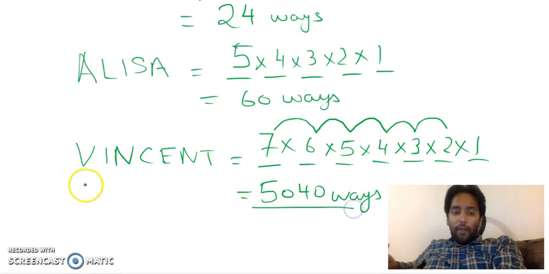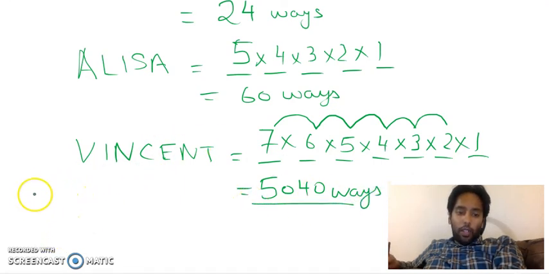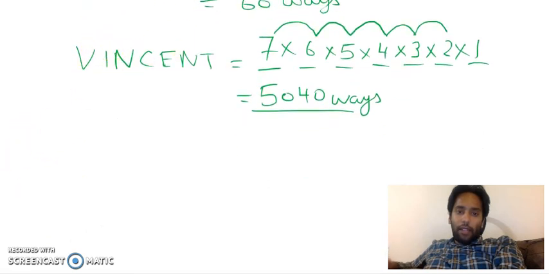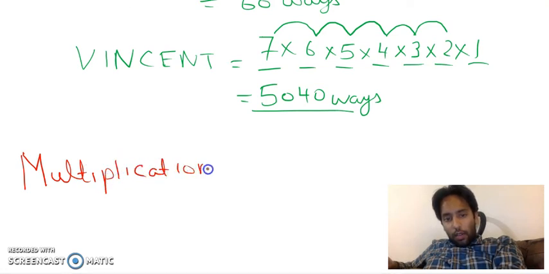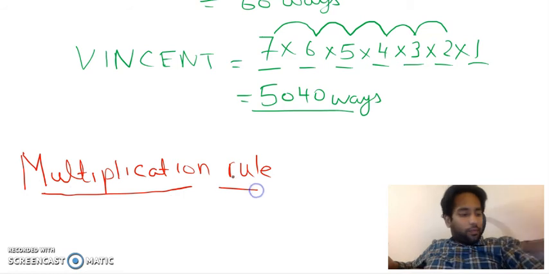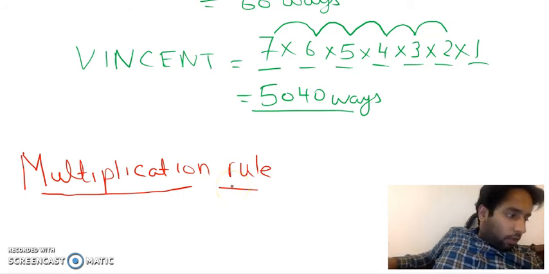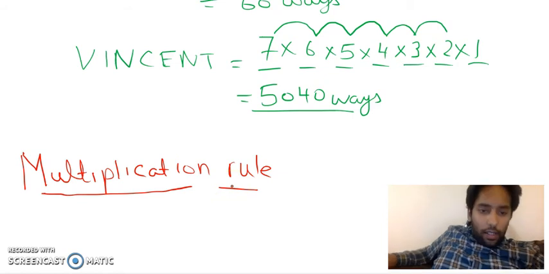Now, this can be summed up in what is given in your Sadler textbook as the multiplication rule. What the multiplication rule says is, give me a second, because I want to write it as it is in the textbook.